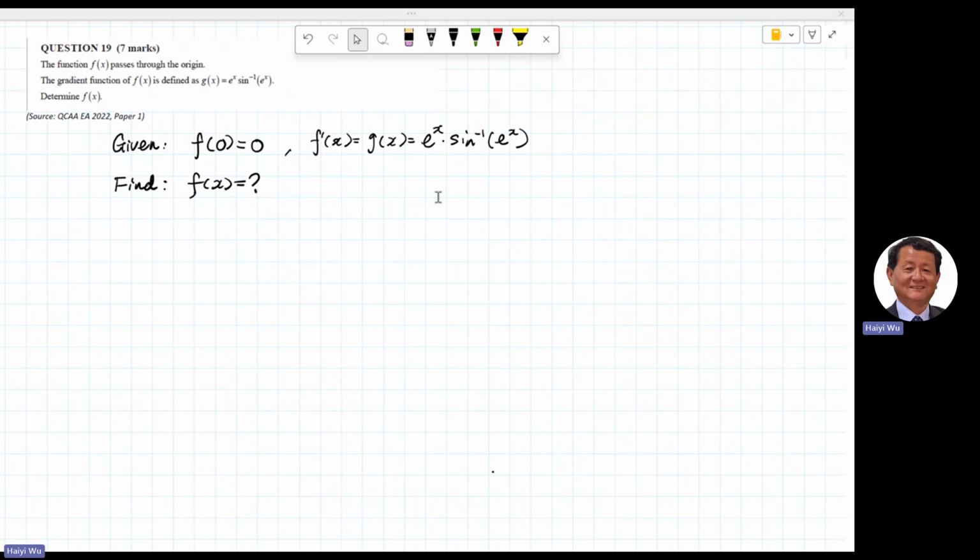The question says the function f(x) passes through the origin, so that means f(0) equals 0. Also the gradient of the function, which is the derivative function, is equal to x squared e to the power of x times inverse sine of e^x. So we need to determine the original function. Okay, let's solve that.